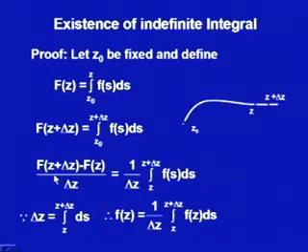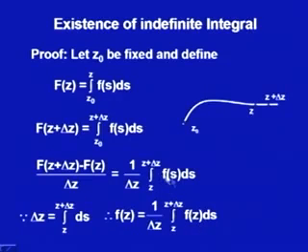Now, come to Fz plus delta z minus Fz upon delta z, minus fz. You see, 1 upon delta z is common to both, and in both I have the integral from z to z plus delta z. Of course, here is the function fs and here is the function fz.